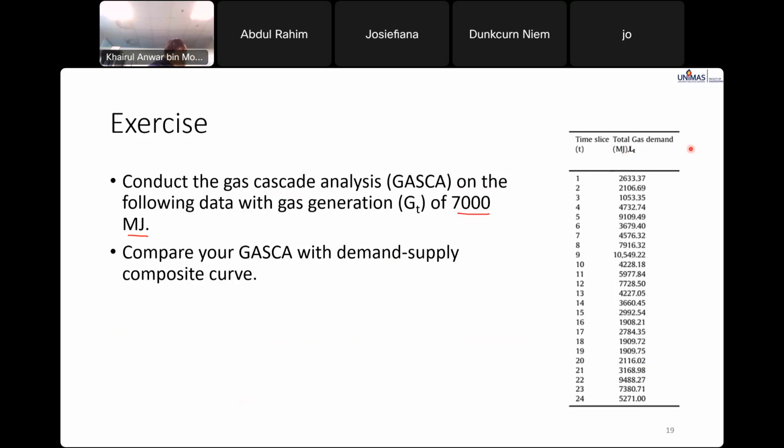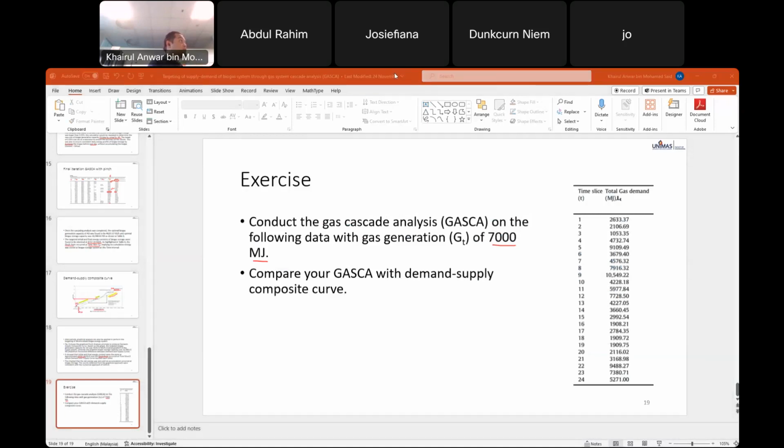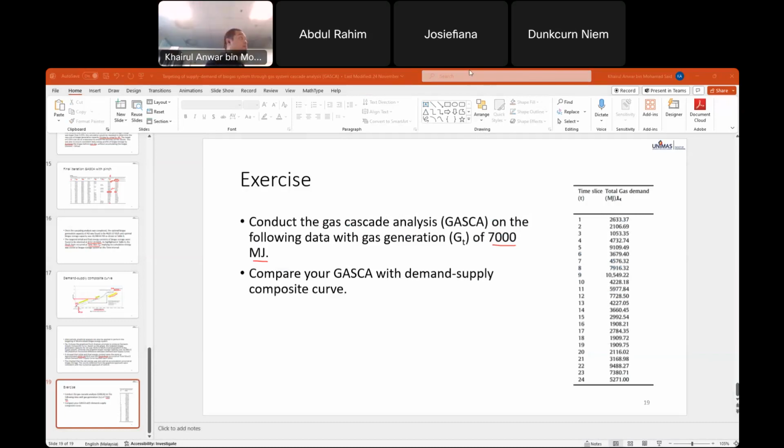Next week we will discuss the application as well. Try this. Any question you can check.